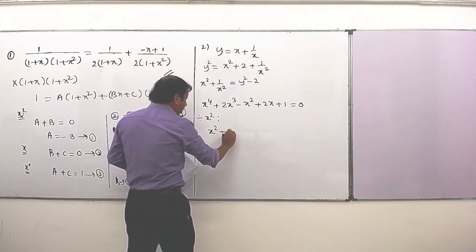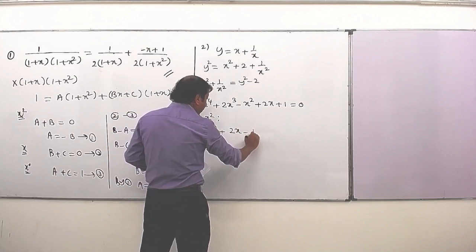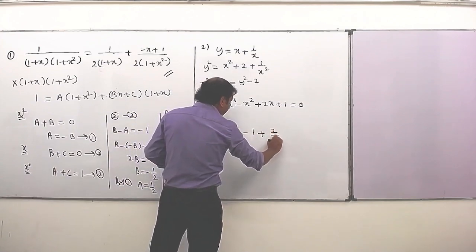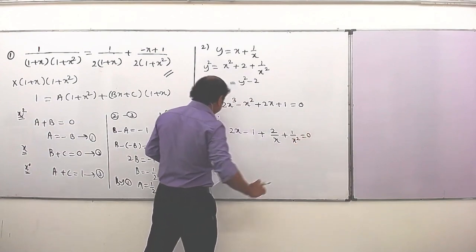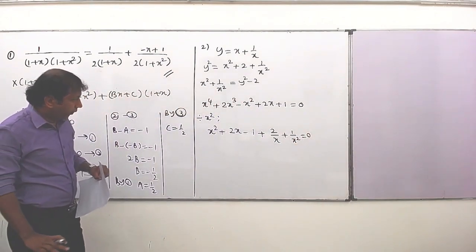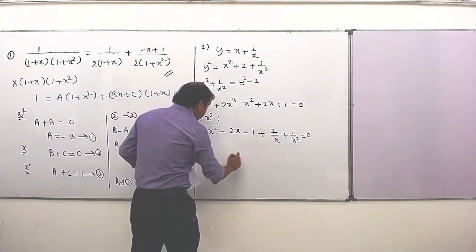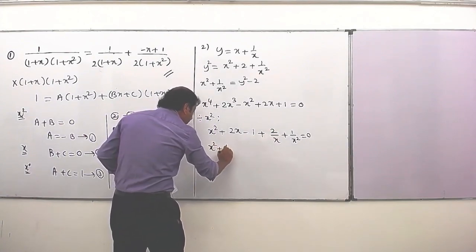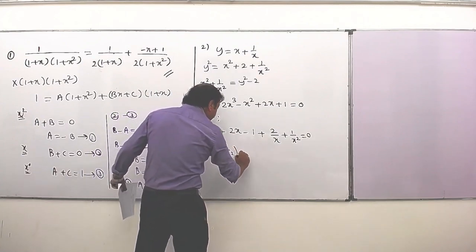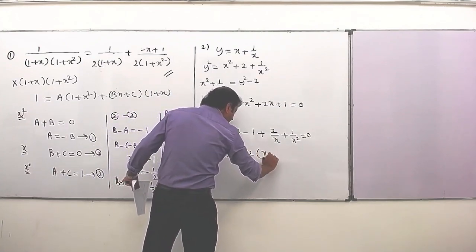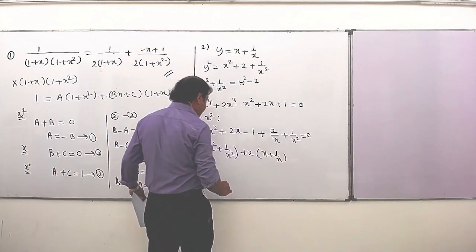X squared and here 2x, minus 1, plus 2x, plus 1 over x squared, equals 0. Now this x squared and 1 over x squared we can take together like this. By these two terms take 2 out, okay, and minus 1.